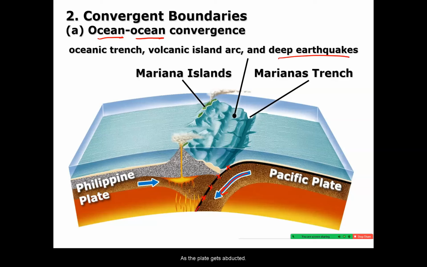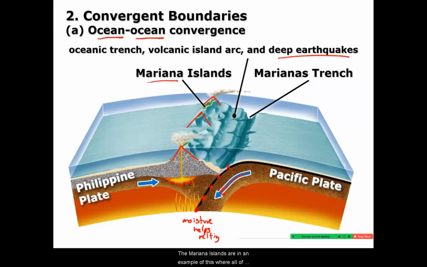As the plate gets subducted, part of it may start to melt, especially because it's wet and the additional moisture helps melting. That produces extra magma at this area, which produces a volcanic arc.